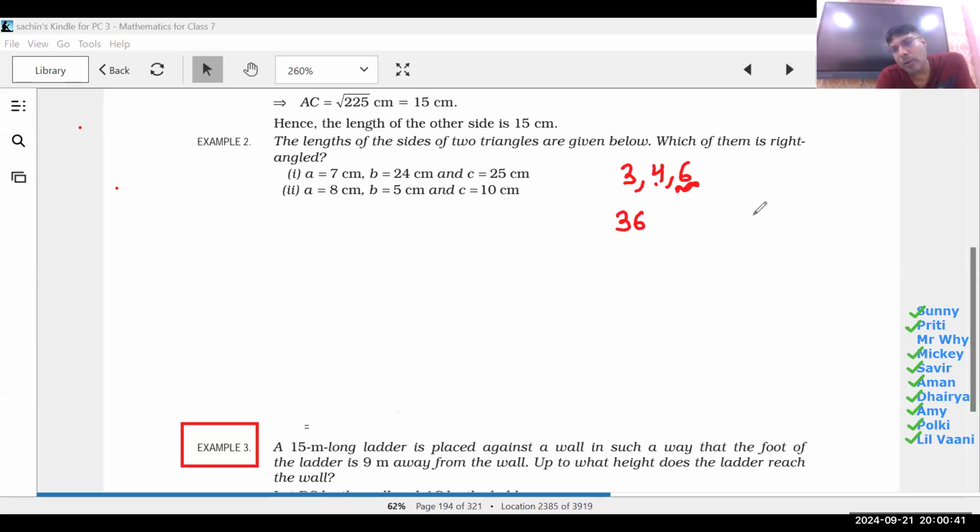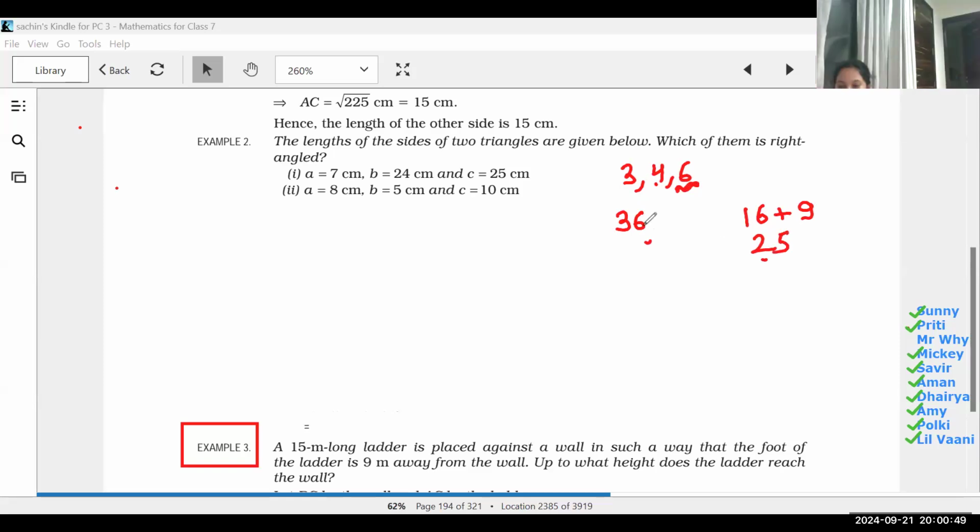Then square of 4 is 16, square of 3 is 9, which is equal to 25. Is 25 equal to 36? No, sir. So then it is not a right angle triangle. So similarly, you have to check for the A part and the B part.